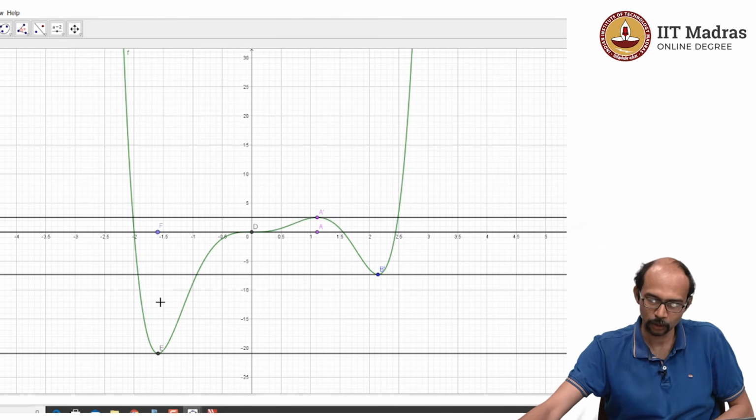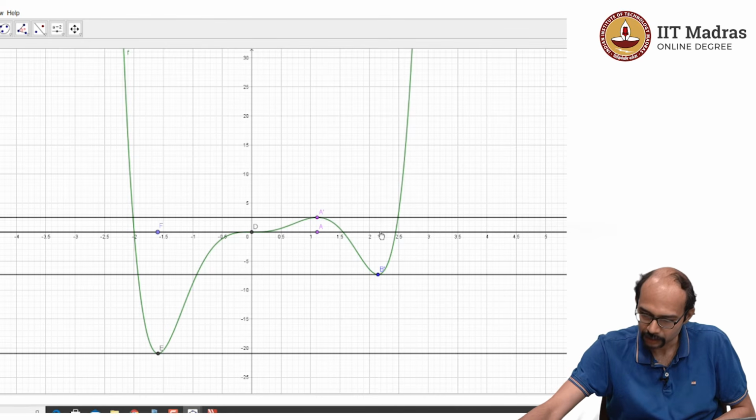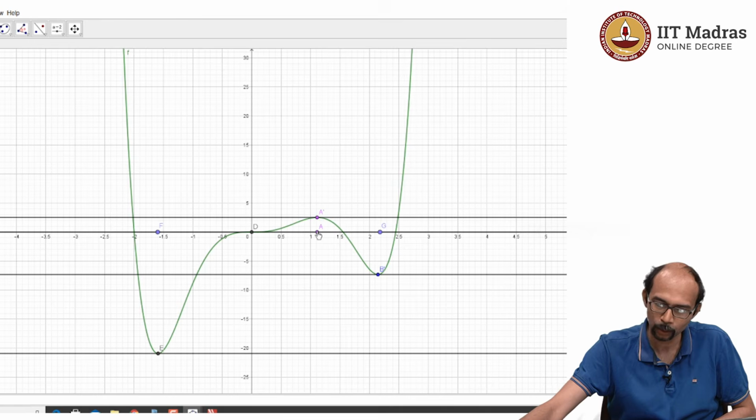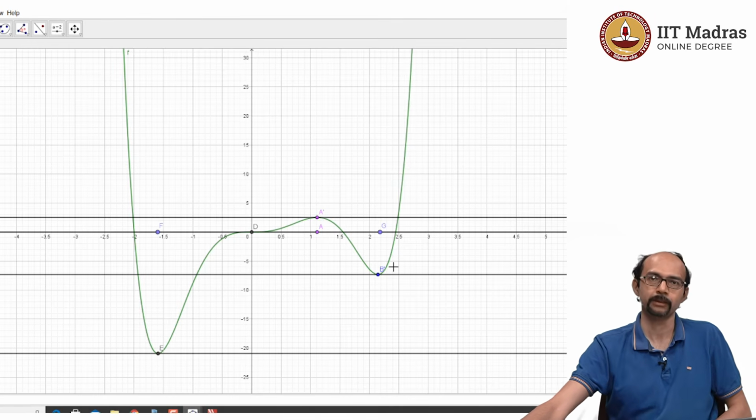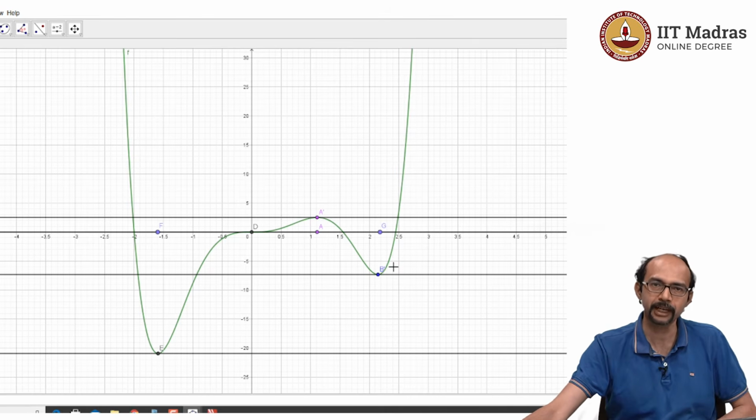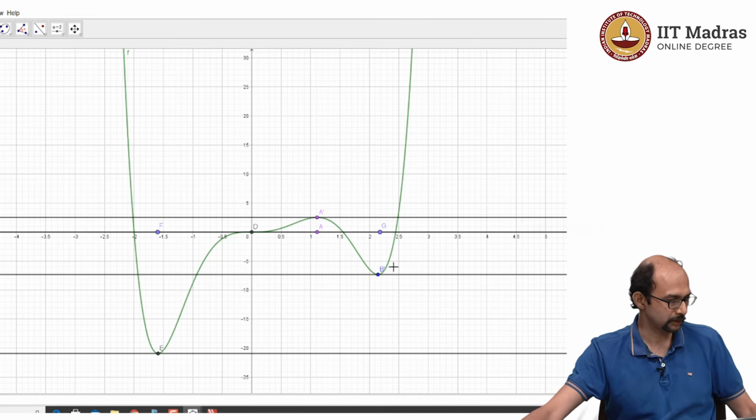Okay, so this is a local minimum, the corresponding point here is a local minimum, the point A is a local maximum and D is a saddle point. Okay, so I hope now we have drawn all the critical points of this function in this picture.